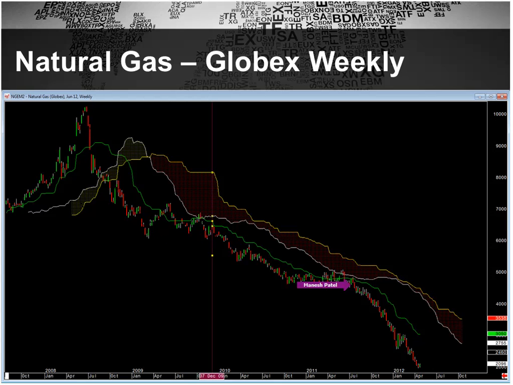You had another opportunity to get in here. And notice it just kept on going down, down, down, down. A lot of people, when it got to 2, were basically saying it can't go lower. Or actually, when it got to 2.50, you said it couldn't get lower. For us, we just kept on following our green line all the way down, and we stayed in this trade, basically going all the way down. Okay?